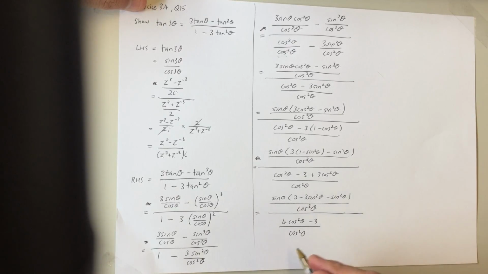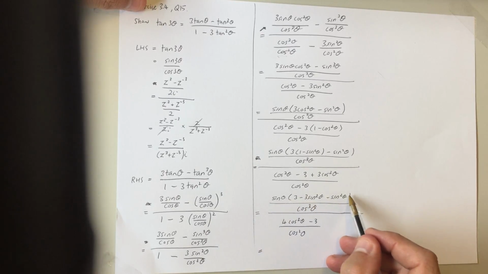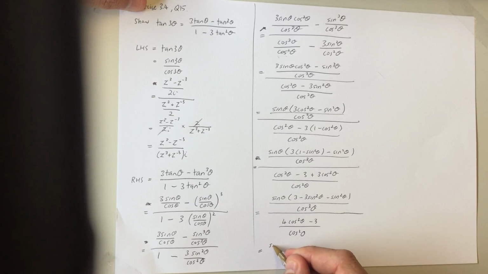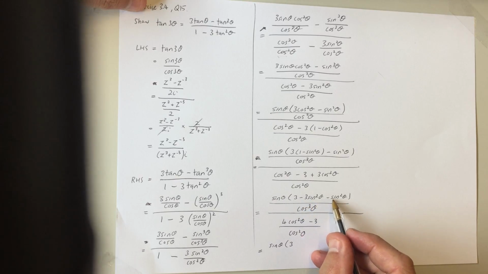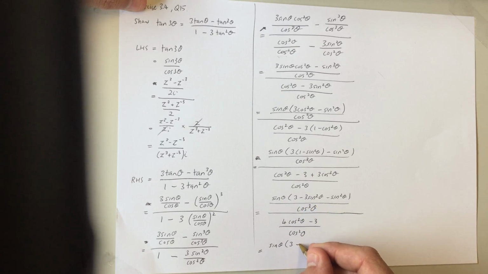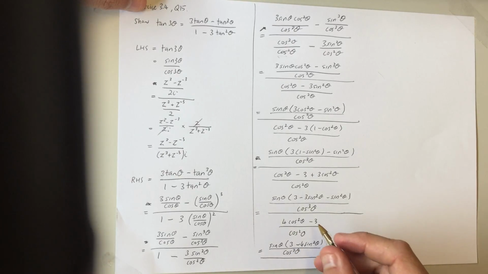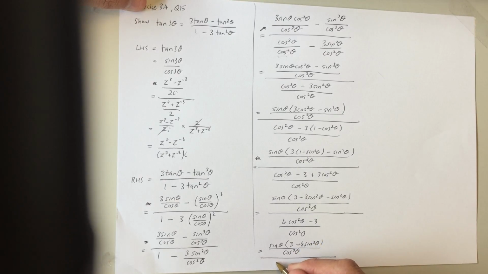All right, so let's just finish simplifying this numerator here. So we've got sine theta, and this will be 3, subtracting 3 of these, then subtracting 1 more of these, so that's subtracting 4, all over, running out of room.